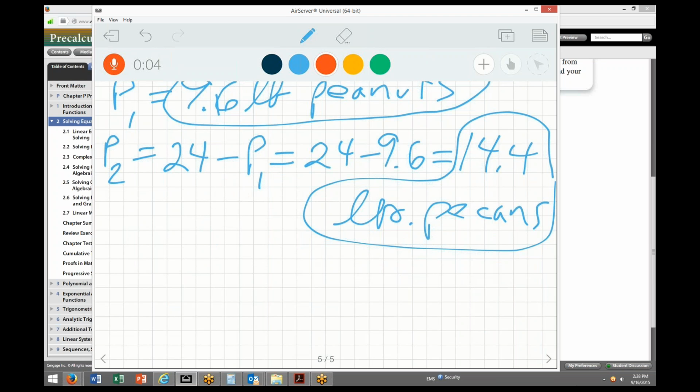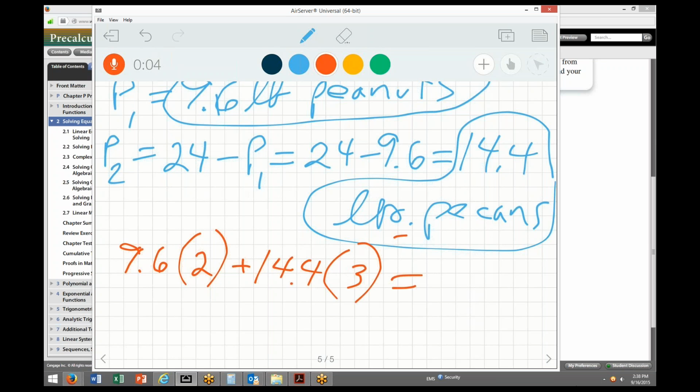Let's check and see. So we're going to do 9.6 times 2 plus 14.4 times 3, and we're looking to see, is that really going to equal $62.40? Well, here we go. 9.6 times 2 is 19.2 plus 14.4 times 3 is 43.2.